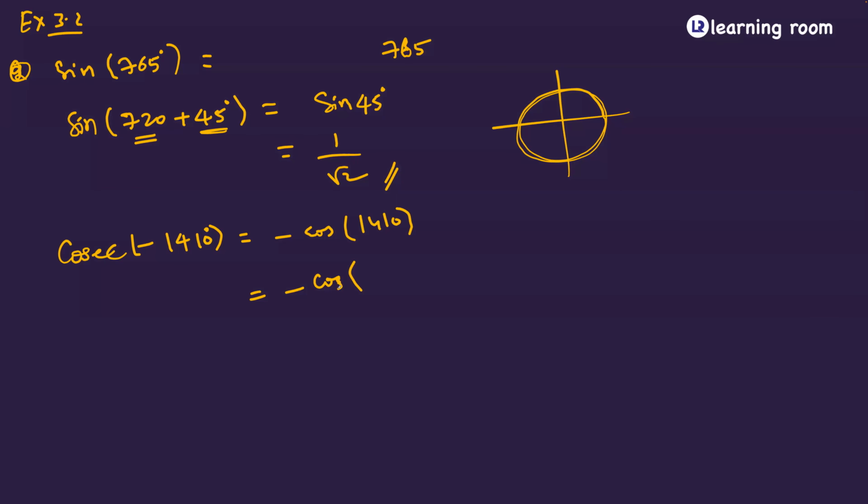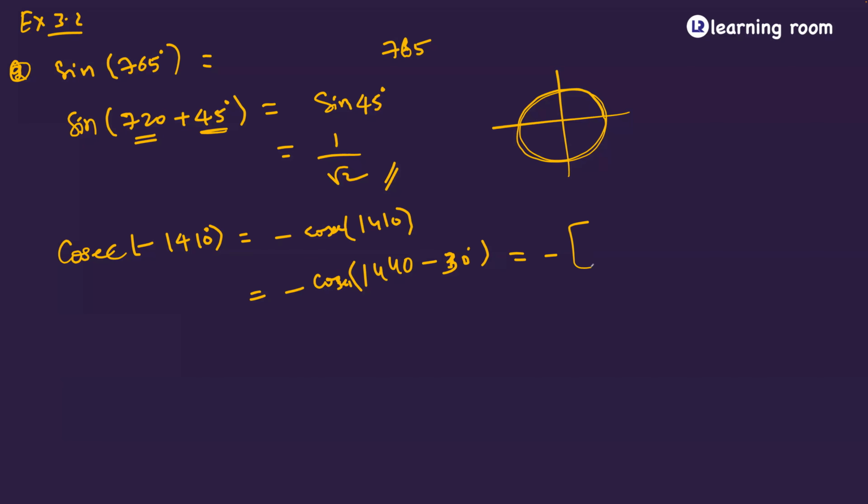So what you can do is you can write this as 1440 minus 30. Make sense? So 1440 minus 30. So 1440 is an even multiple of 180. So whenever you have an even multiple, what will you write? Cosecant only. So minus, 1440 minus 30.